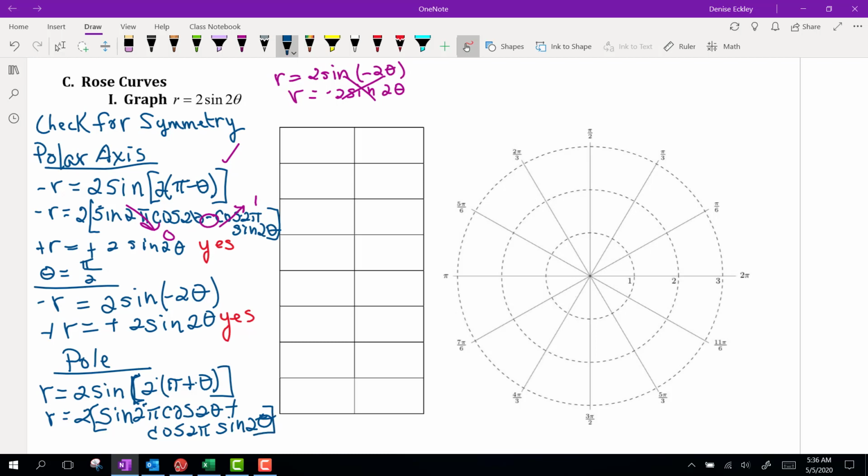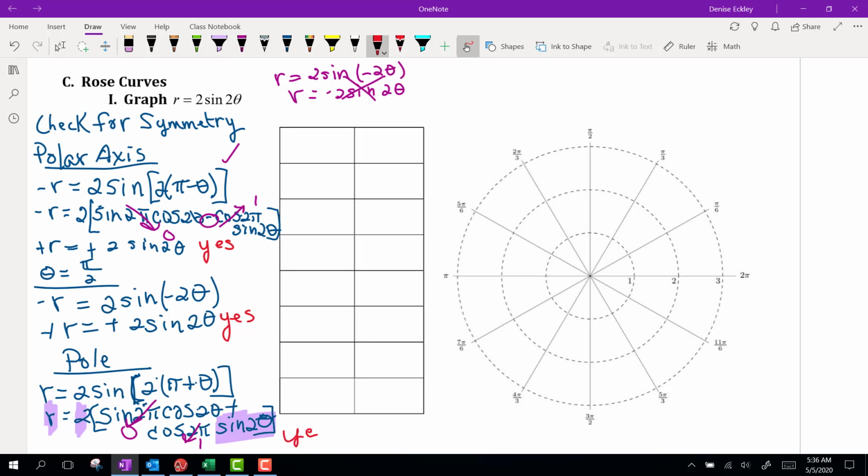And hopefully you can see the same thing here. This cancels, and this goes to 1. So I am just left with this term, and that's equal to r. So this is also a yes.